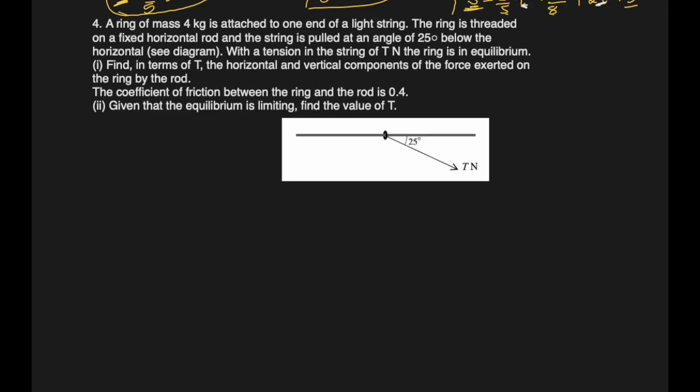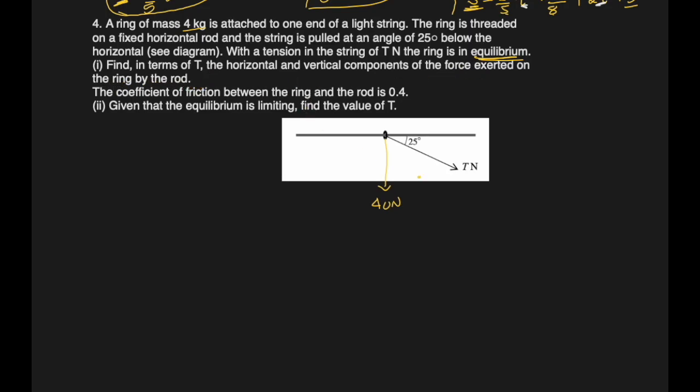So that means the weight of this ring will be 40 newtons downwards, because the mass is 4 kg. The string is at 25 degrees below the horizontal with the tension T. The ring is in equilibrium. That is again helpful information. Find in terms of T the horizontal and vertical components of the force exerted on the ring by the rod.